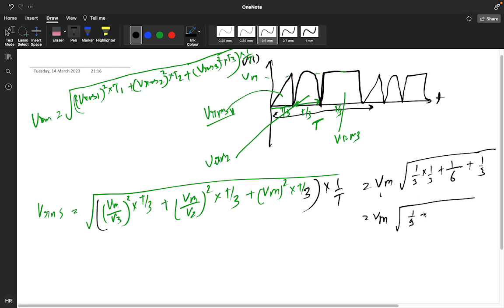1 by 9 plus 1 by 6 plus 1 by 3. So Vm root under 18: 2, 3, 3, 3, 3 are 9, 18, and 6 will come.